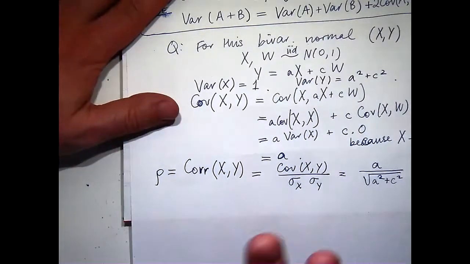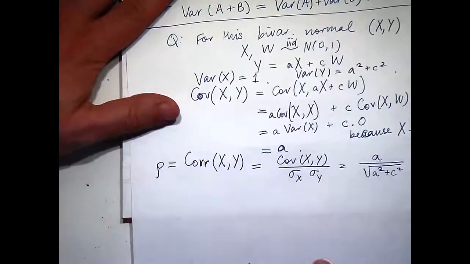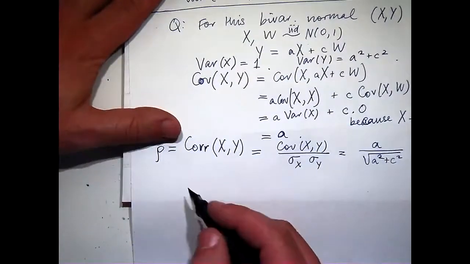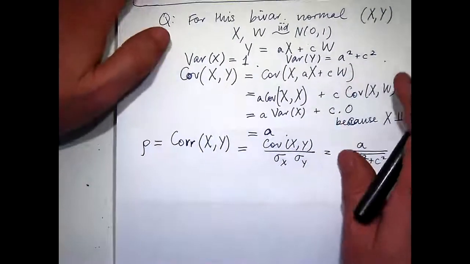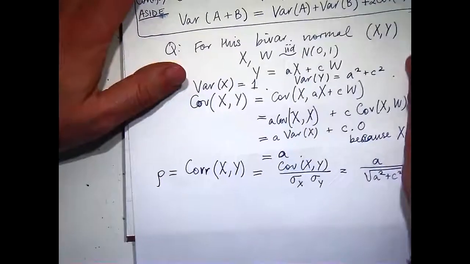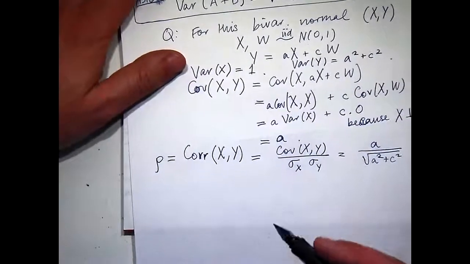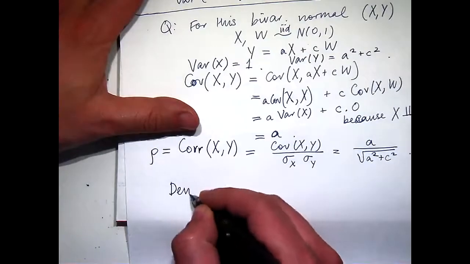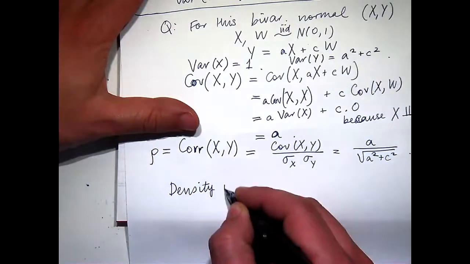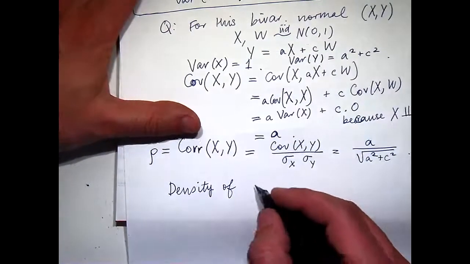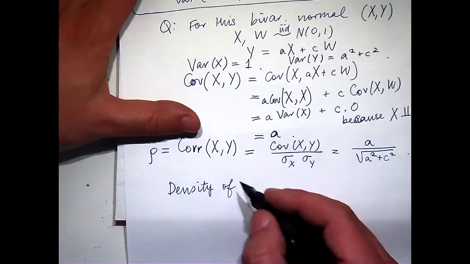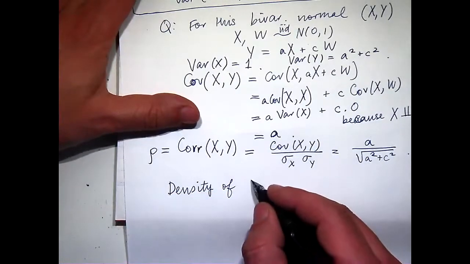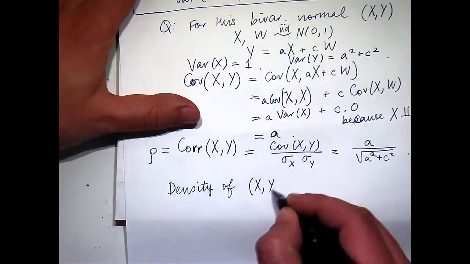Now, here's what I really want to do. I want to write down the density of a bivariate normal that has a very standardized form. So this is going to be the probability density function of x, y.